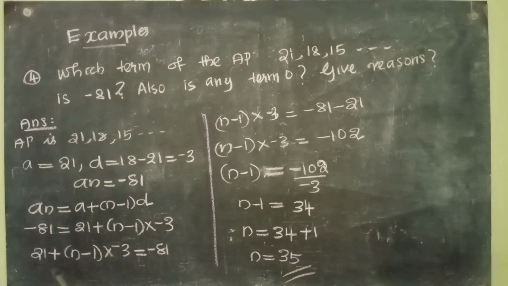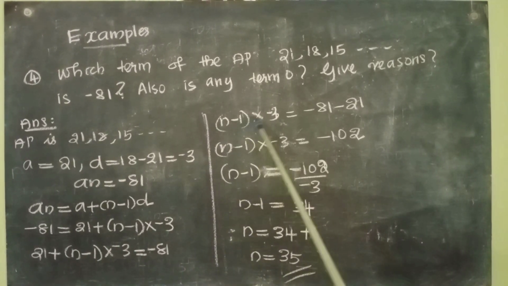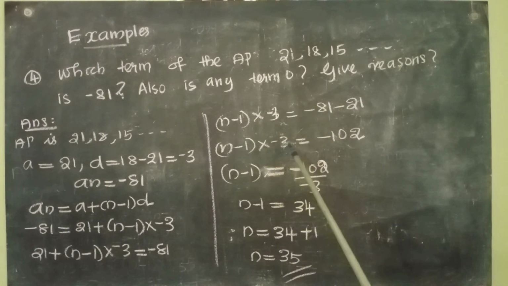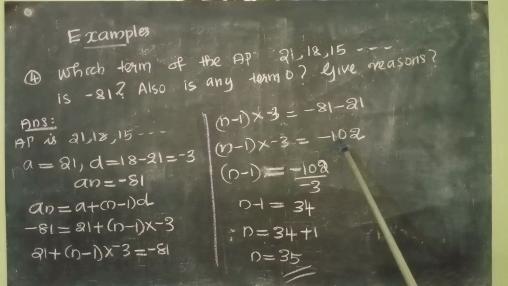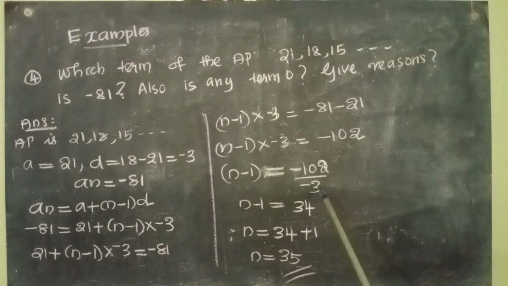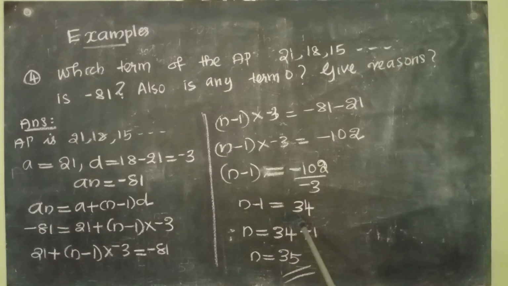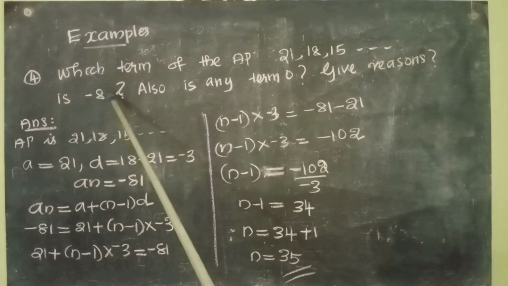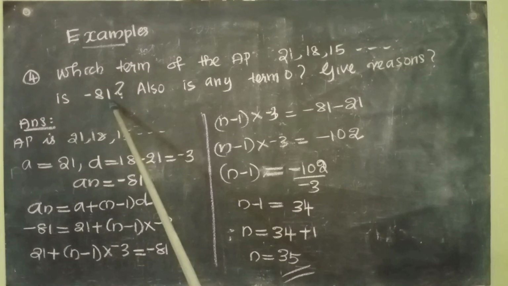Change the sides. 21 plus n minus 1 into minus 3 equal to minus 81. n minus 1 into minus 3 equal to minus 81 minus 21. n minus 1 into minus 3 equal to minus 102. n minus 1 equal to minus 102 divided by minus 3. That is n minus 1 equal to 34. n equal to 34 plus 1, that is n equal to 35. So, the 35th term is minus 81.